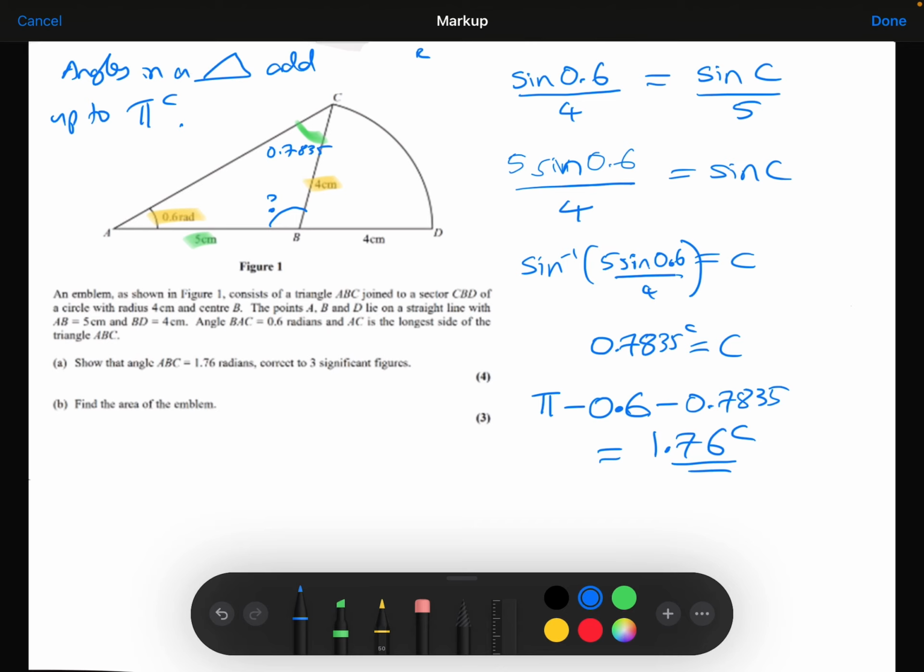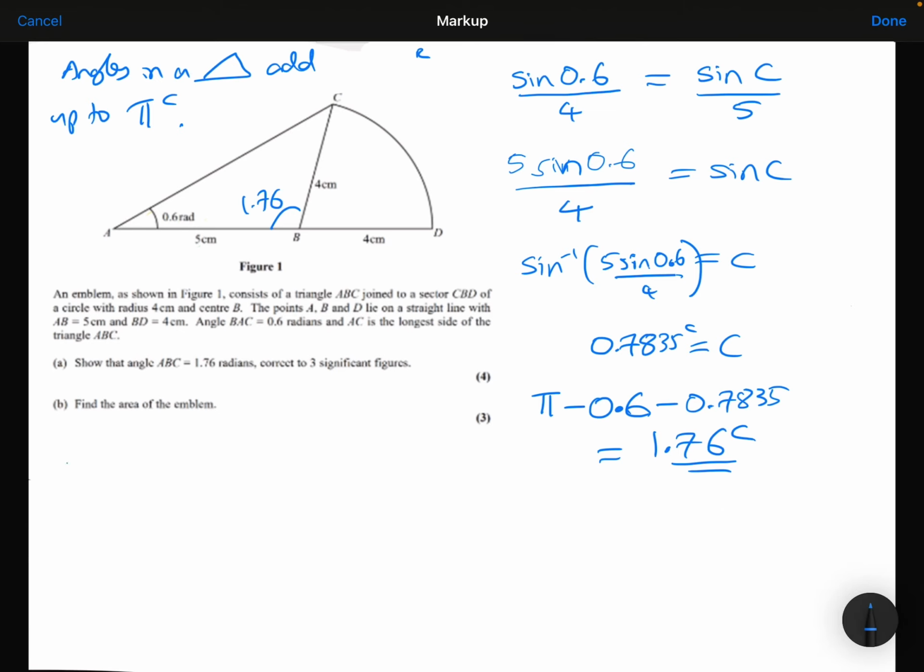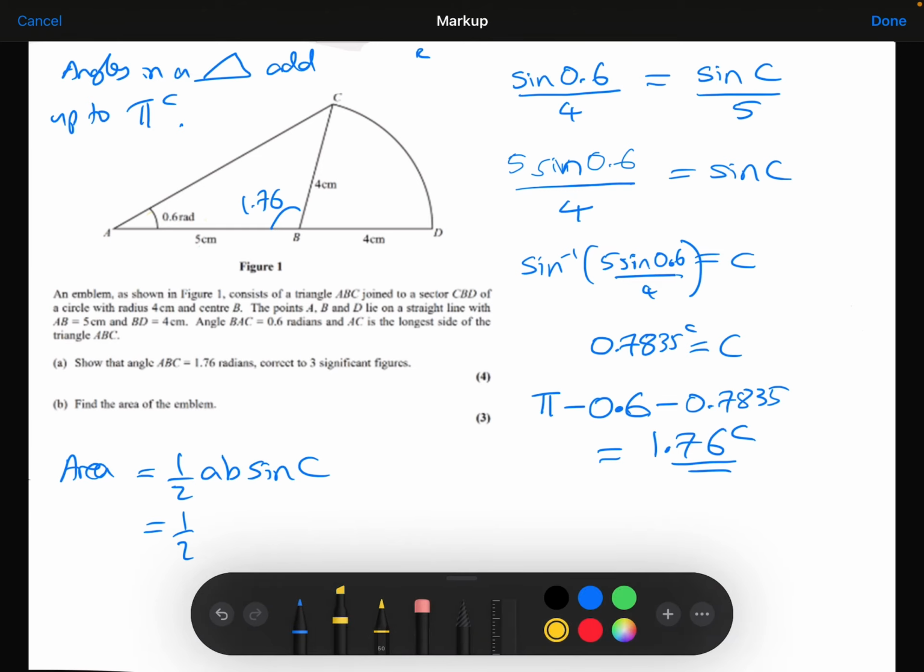Part B says work out the area of the emblem. So the total area. So let's first work out the area of the triangle. We've just worked out that this angle here is 1.76. So the area of the triangle, we can use the formula half AB sine C, where C is the angle in between the two sides, the A and B. So notice that our 1.76 is in between the 5 and the 4.